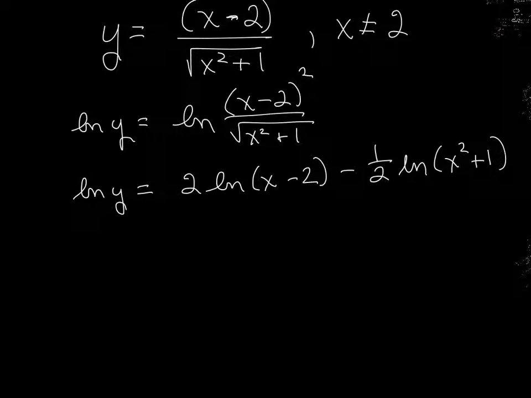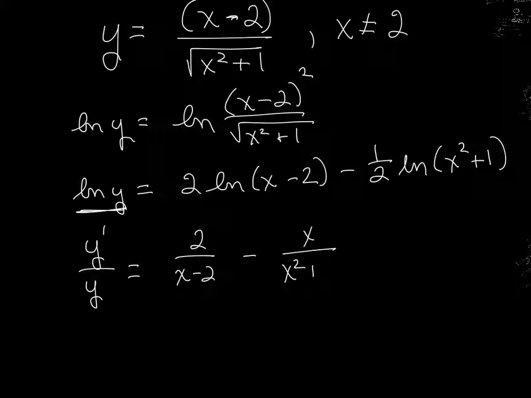So when I take the derivative of the left side, we're going to have y prime over y, u prime over u, equals, now over here, when we take the derivative, we're going to get 2 over x minus 2 minus 1/2 of 2x over x squared plus 1. Well, those 2's are going to cancel, and I'll have minus x over x squared plus 1.